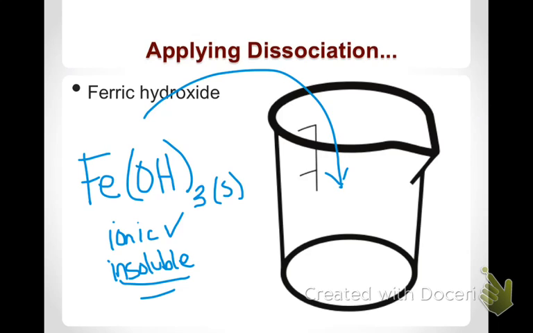And so when I look at my flow chart, is it ionic? Yes. But is it soluble? No. What's going to happen is that this iron +3 and these hydroxides are so strongly attracted to each other that the water molecules are not going to be able to come in and disrupt those ionic bonds. There's just not a strong enough attraction between the water and these ions to break them up. So when you put it into water, this is what you get.